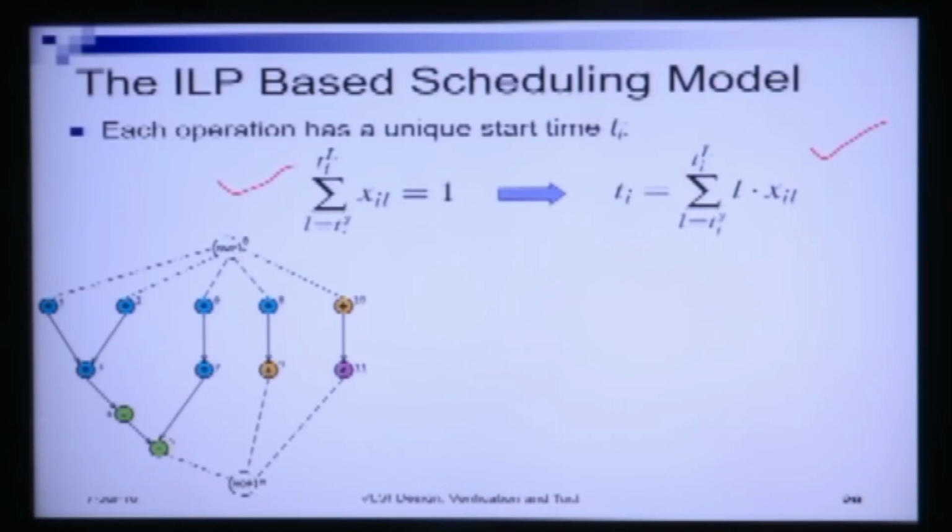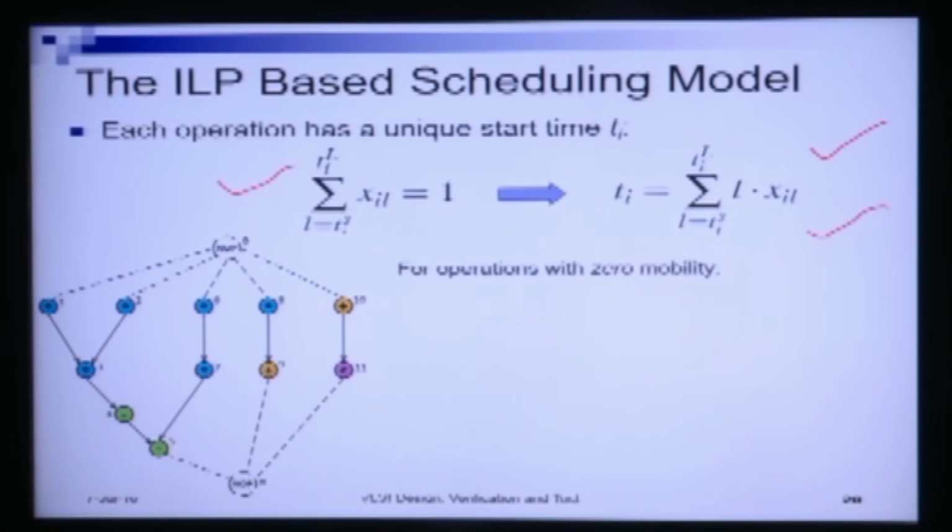It is possible to schedule it in, say, time step 1, 2 or 3, and in a given solution my ILP has found that it should be scheduled in time step 3. So, x_i3, for the ith operation, will be equal to 1, and T_i will have the value 3. This therefore correctly models the start time of a given operation.